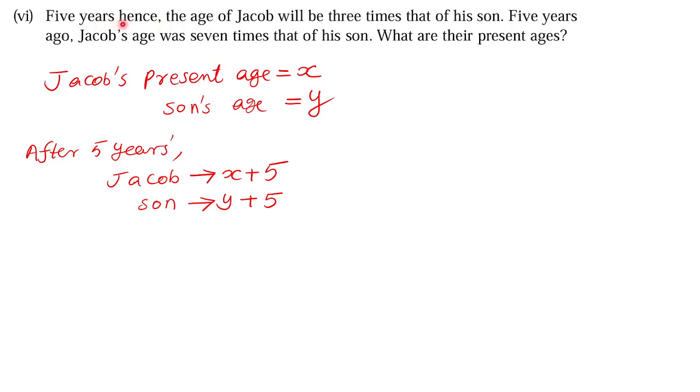The first sentence says that after 5 years, the age of Jacob will be 3 times that of his son. Age of Jacob will be X plus 5. It will be 3 times the age of son.